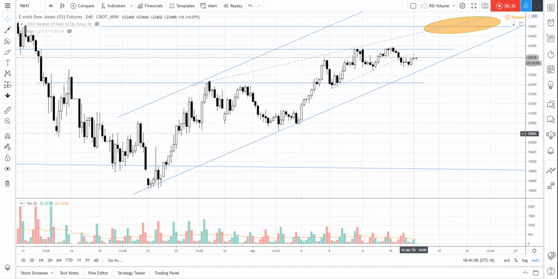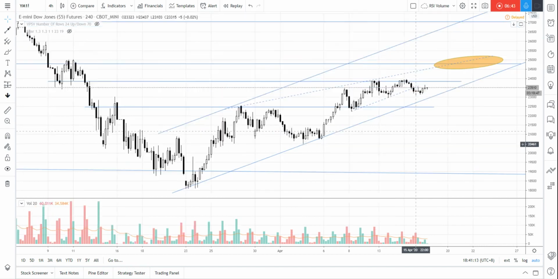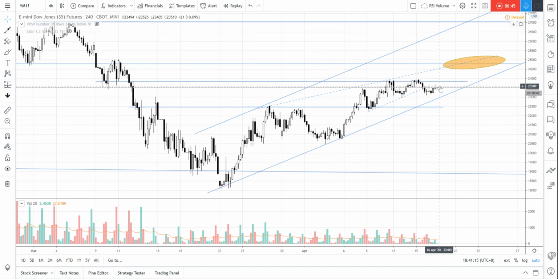So far I don't see any evidence of excessive supply, so my bias is still bullish. I think there's a chance for Dow Jones futures to inch up to at least this area, 25,000. I know it's quite tough to anticipate this kind of bullish movement when we have quite extreme news.